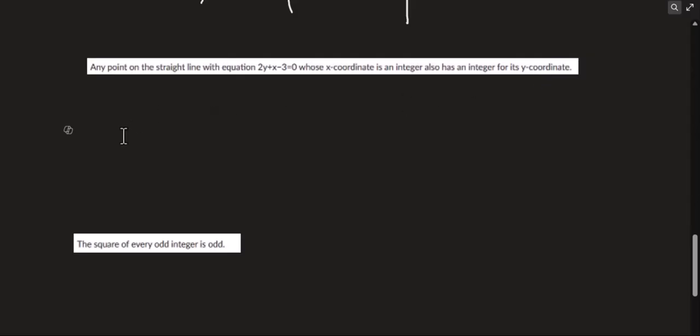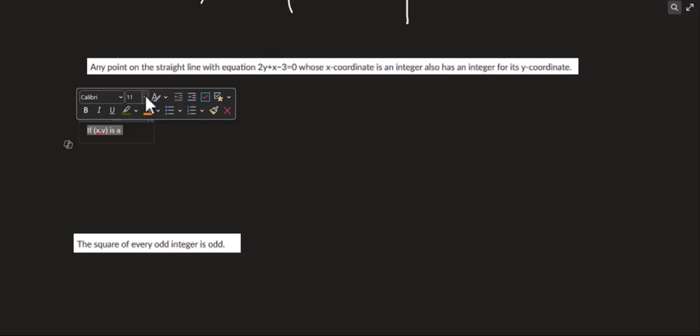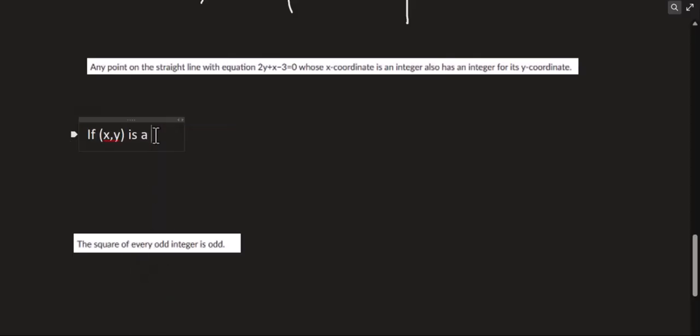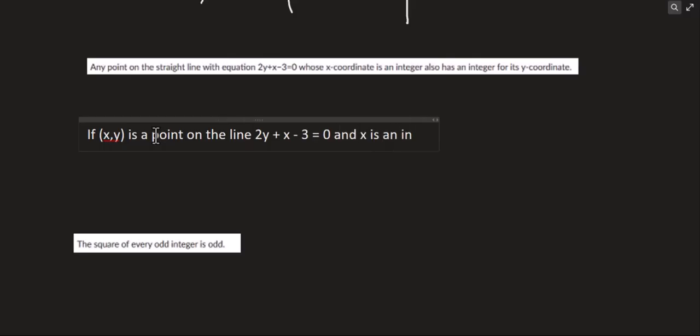Okay, so what we can say is if (x, y) is a point on the line 2y plus x minus 3 equals 0, and x is an integer, then y is an integer.